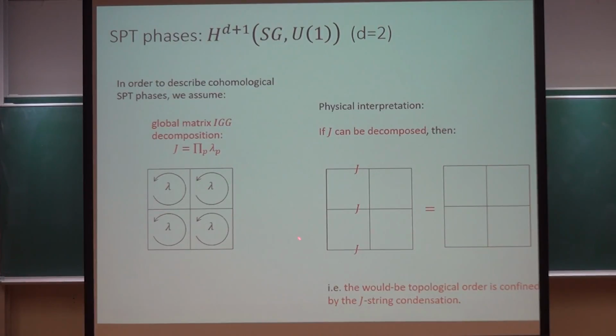But if you can decompose this into this plaquette IgG, then you can show this equals that. So physically, it tells you that this J string is condensed after you require this extra plaquette IgG. Okay, so the topological order is actually destroyed.